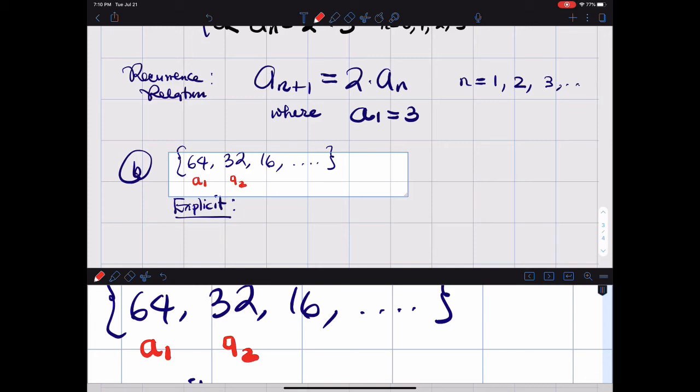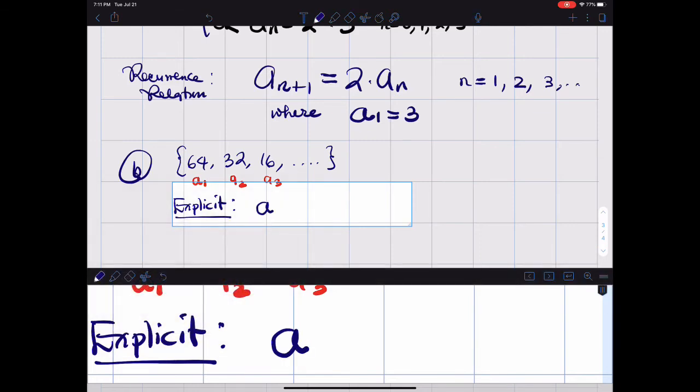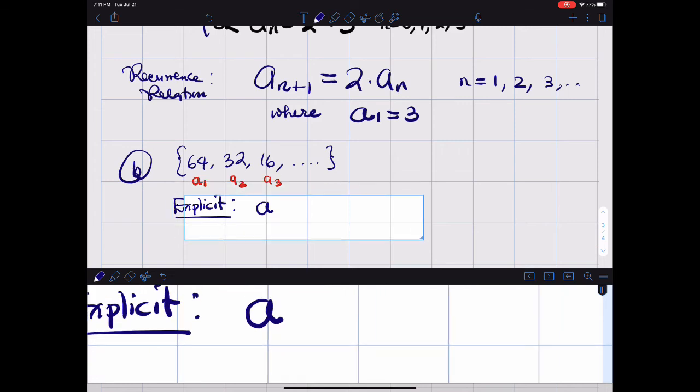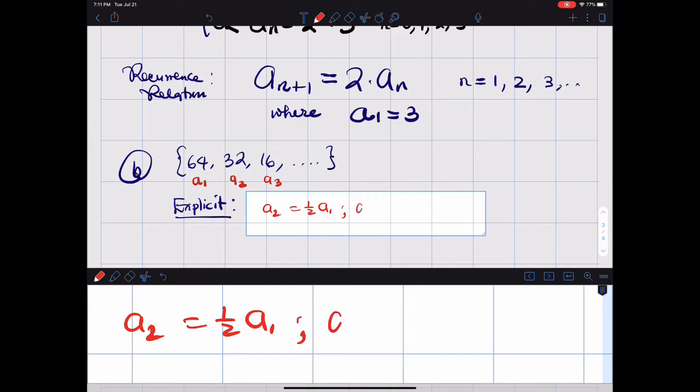A3 is 1/2 A2, which is 1/2 times 1/2 A1.